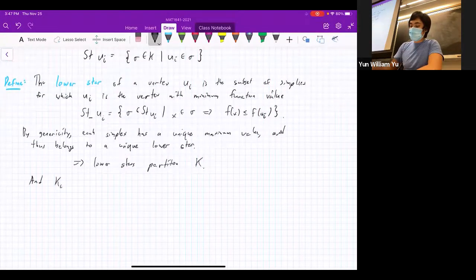And furthermore, we know that Ki is the union of the first i lower stars.